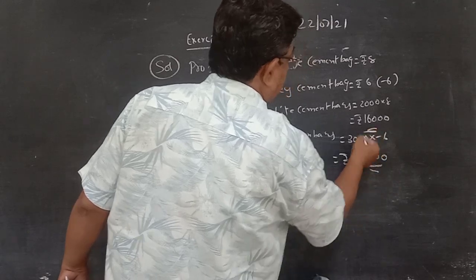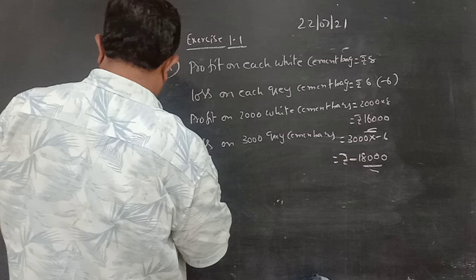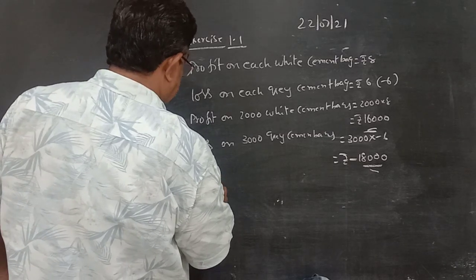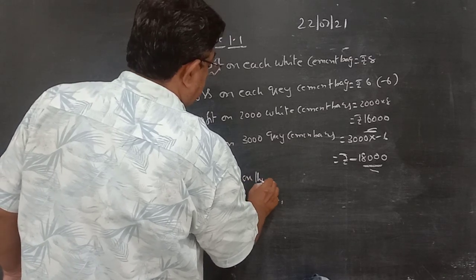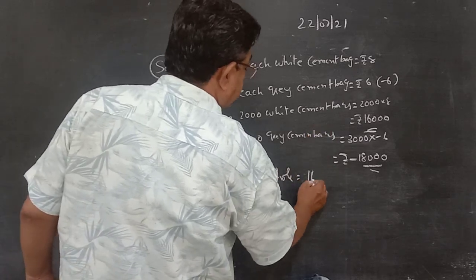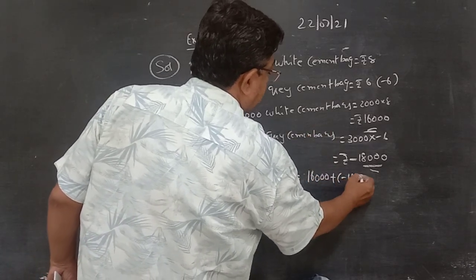You can clearly observe, on the whole, the loss is more. Therefore, his loss on the whole, because the loss is more, is equal to 16,000 plus -18,000.